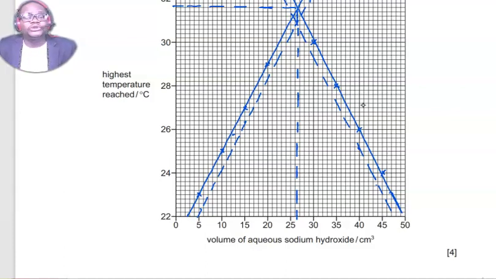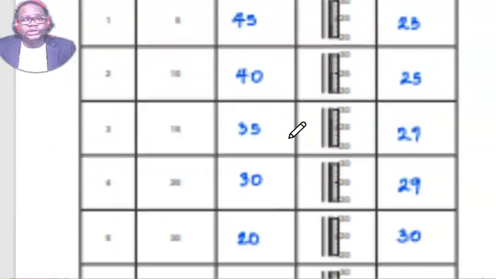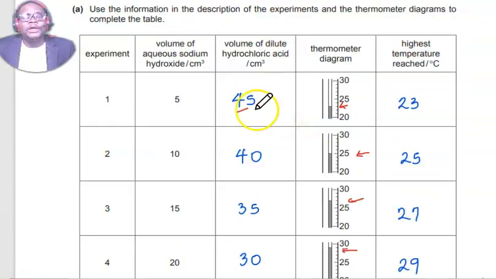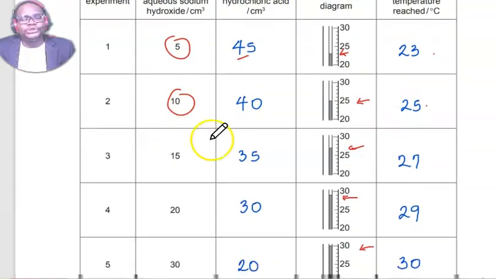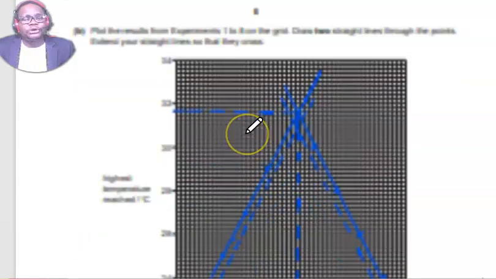Of course, you know the volume of sodium hydroxide, so you go back to your table. This is your table. At a volume of 5 cm3 of sodium hydroxide, we have 23. At 10 cm3, we have 25. So you use that volume and temperature to plot your graph.